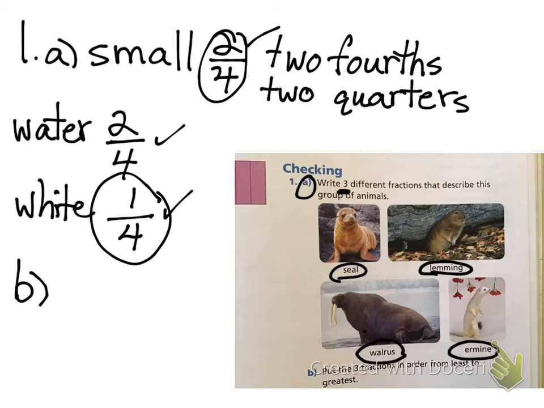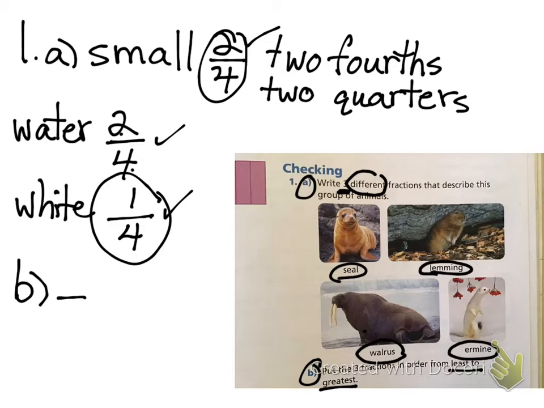Okay, B, put the 3 fractions in order from least to greatest. Uh-oh, Mrs. Rosloff did not pay attention. We were supposed to write 3 different fractions, and 2 of ours are the same. Oops. Okay, well, we're just going to put 2 of these fractions in order from least to greatest. So we're going to start with the smaller one. So of these fractions, 2/4 and 1/4, which one is smaller? You can write that one first.